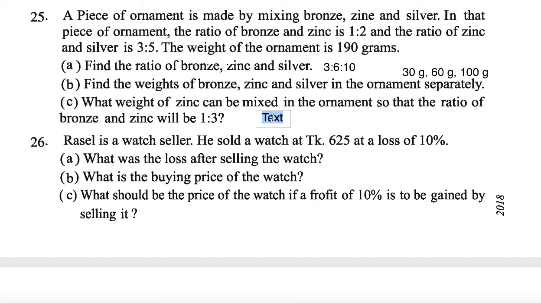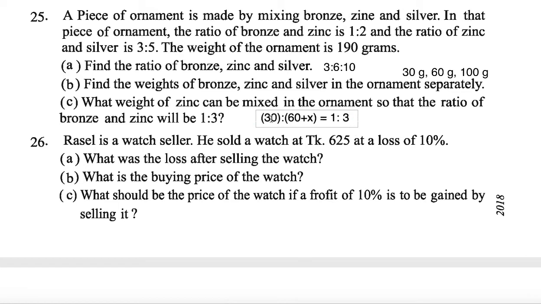So now bronze is 30. Zinc will be 60. 60 plus x, what is the ratio? 1 is to 3. Let's cross multiply.